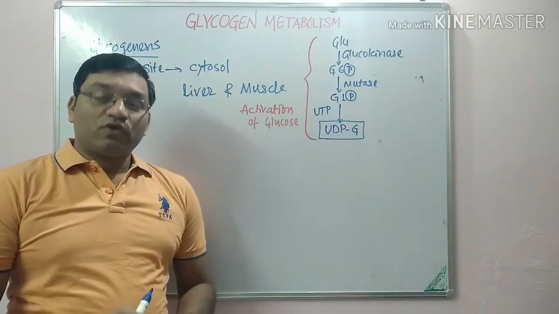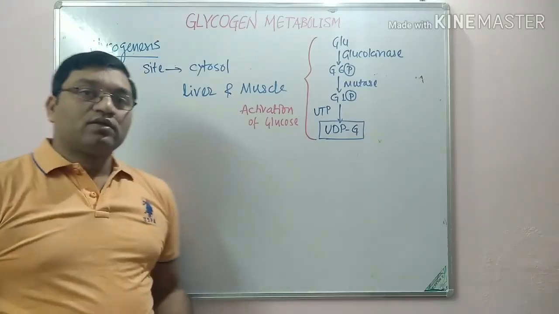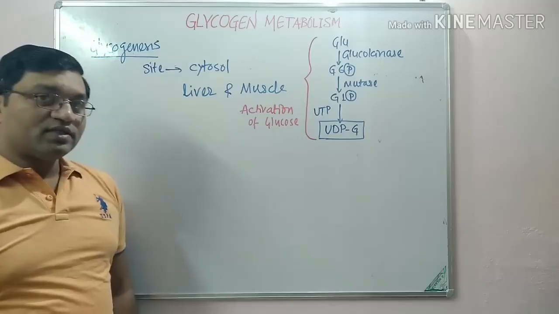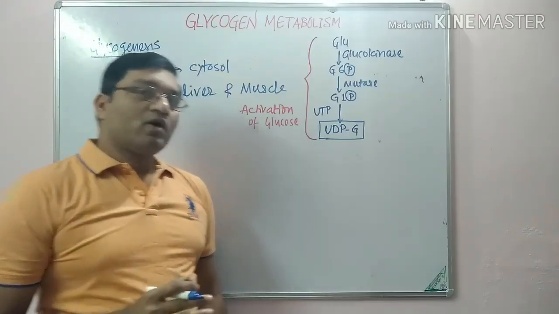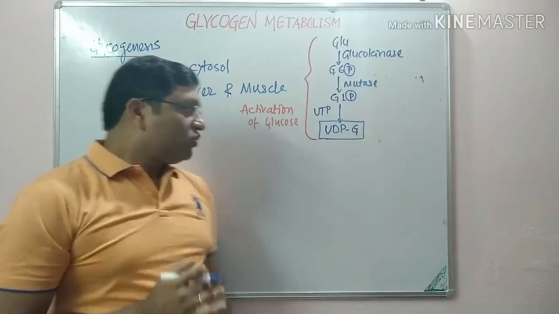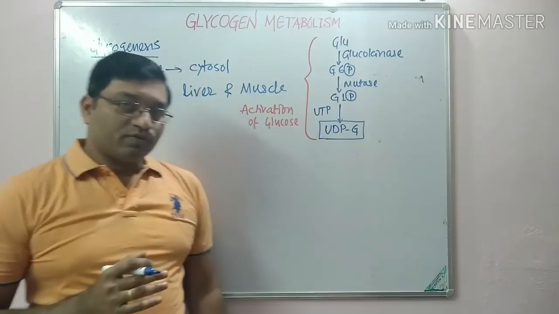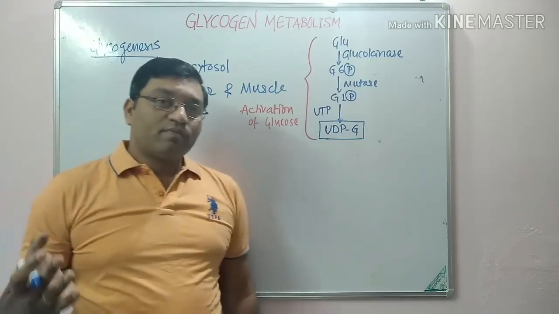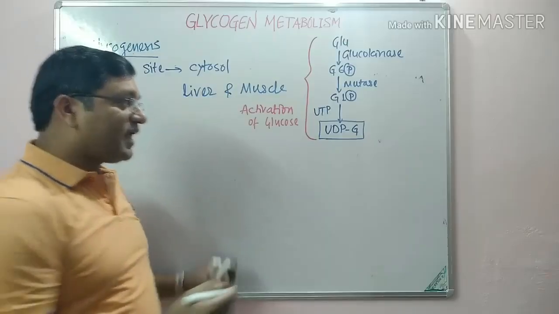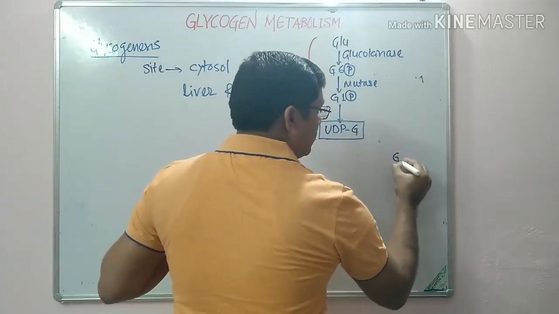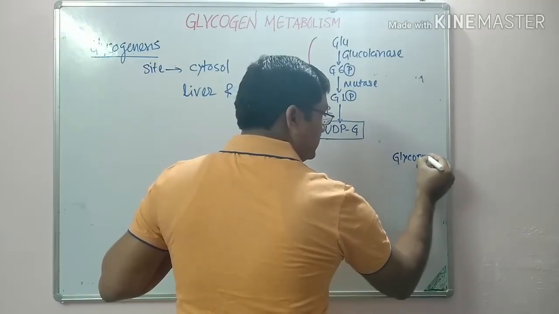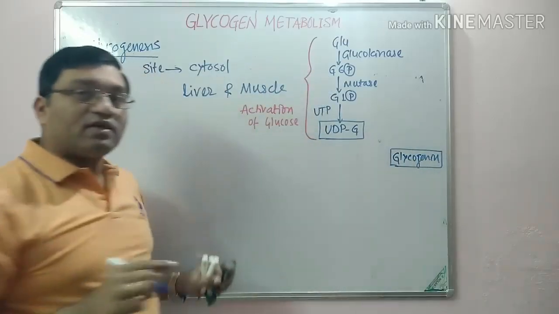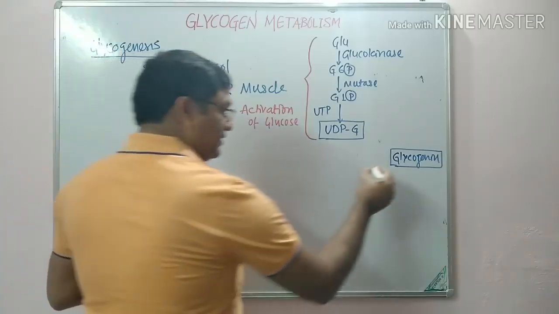Now for the synthesis of glycogen, the glycogen primer is required. Glycogen primer is a short or pre-existing glycogen molecule to which glucose is added. In the absence of glycogen primer, there is a substance known as glycogenin. Glycogenin is a protein with an oligosaccharide side chain.